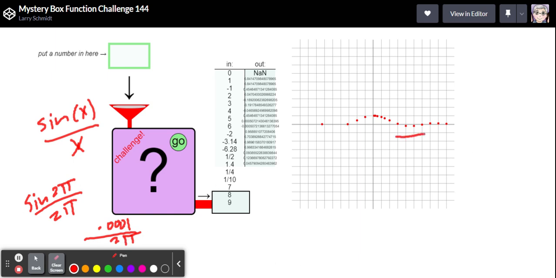So as you stretch out to bigger and bigger magnitude numbers, these fractions are going to get smaller and smaller. And that's why I think you're seeing that shallowing out of the waveform as we go along. That's my best guess, and I don't know that we're going to find any magic numbers to test here other than the ones we've seen already.